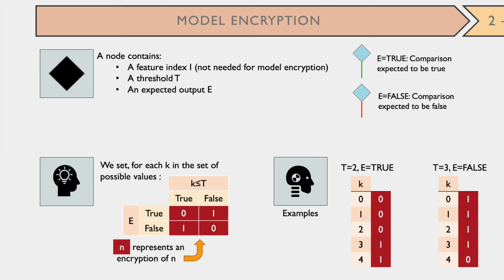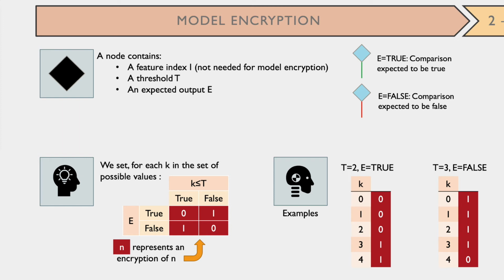Now consider the two following examples. In the first case, we have t which is equal to 2 and e which is equal to true. Consider that k can be a value between 0 and 4. For all values of k that are smaller or equal to 2, we set an encryption of 0, and for all the other values, we set an encryption of 1.